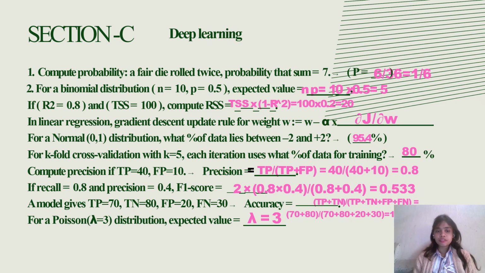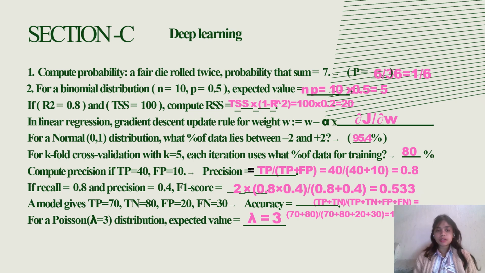Compute precision if TP equals 40, FP equals 10. Precision equals TP divided by TP plus FP, equals 40 divided by 40 plus 10, equals 0.8. If recall is 0.8 and precision equals 0.4, F1 score equals 2 into 0.8 into 0.4 divided by 0.8 plus 0.4, equals 0.533.